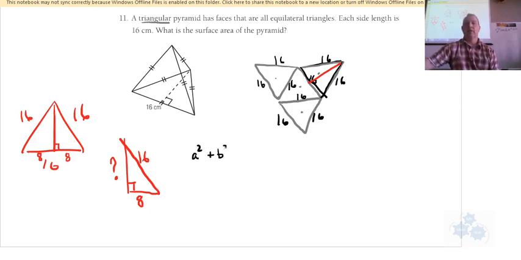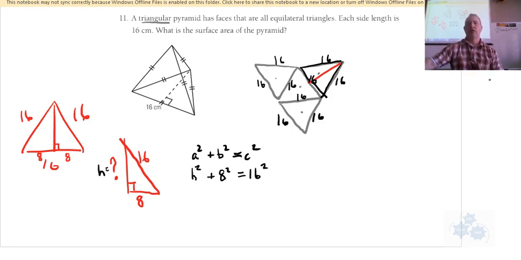Pythagoras is a squared plus b squared equals c squared. I don't know what a is, so let's make that the height. So I have height squared, which I don't know, I'll leave it as h, plus 8 squared equals 16 squared. You see that?